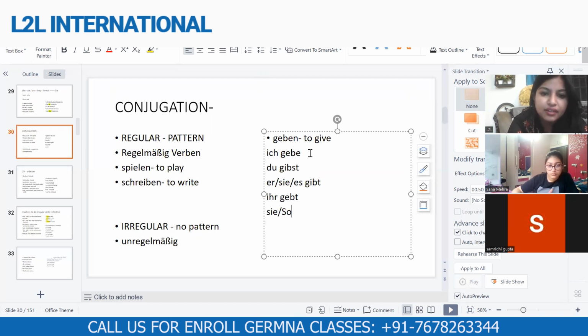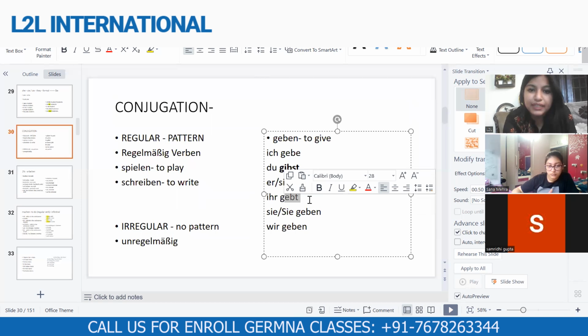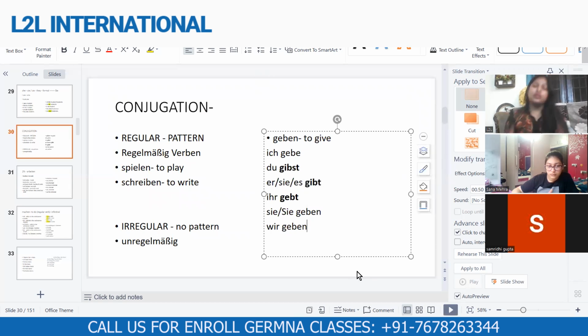Sie geben, and wir geben. So in this verb, you can see it is completely different. We have changed the spelling also. So this is a completely irregular verb because in this particular conjugation, many things are changing.